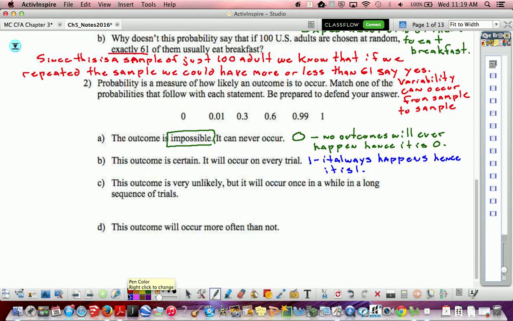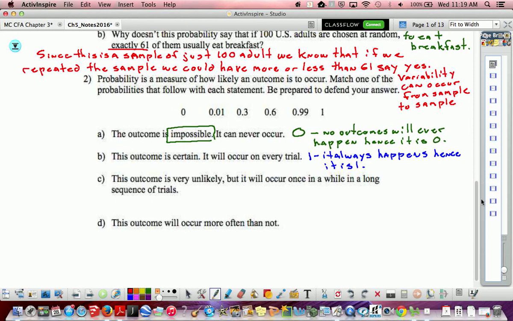All right, C. This outcome is very unlikely, but it will occur once in a while in a long sequence of trials. Okay? So, if you were to narrow it down to 2 choices, you'd probably look at either 0.01 or 0.3.